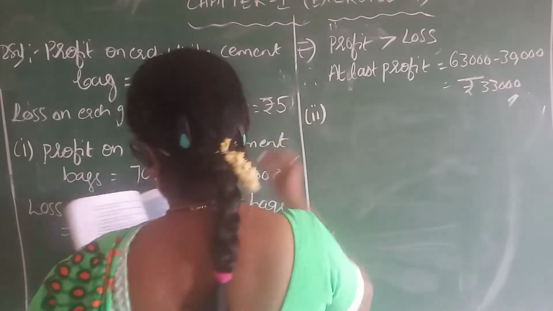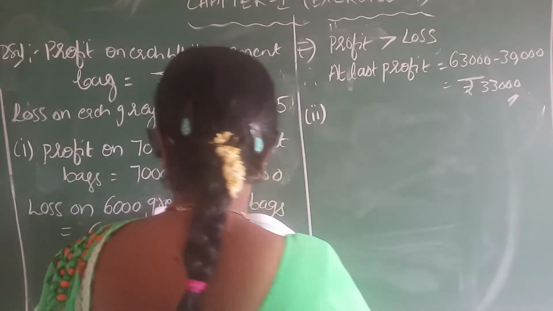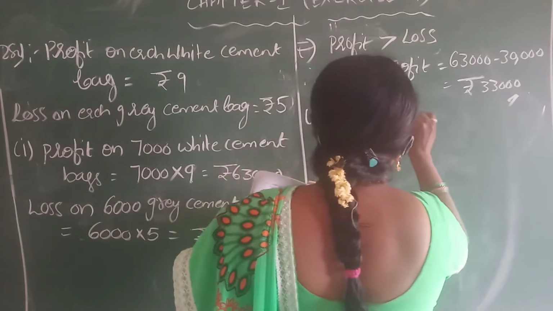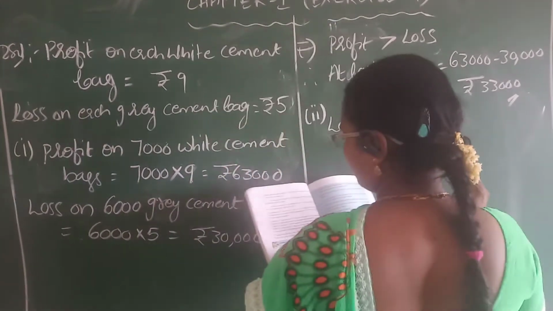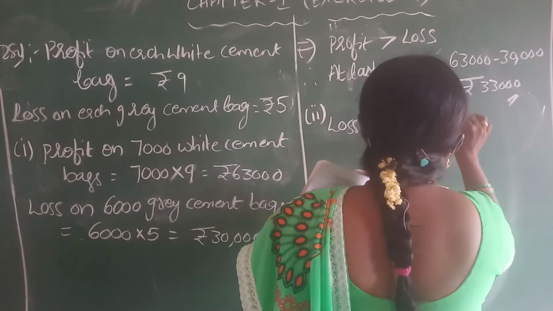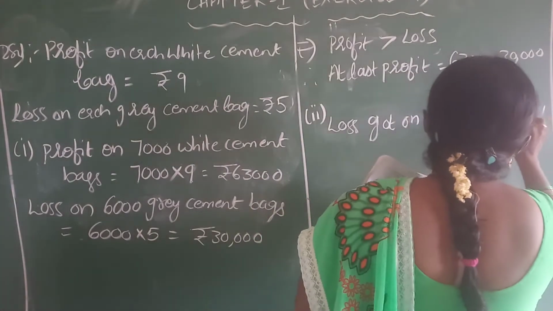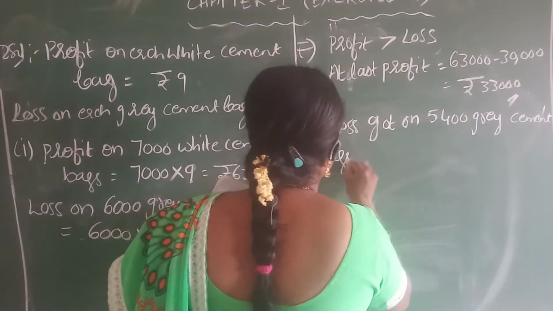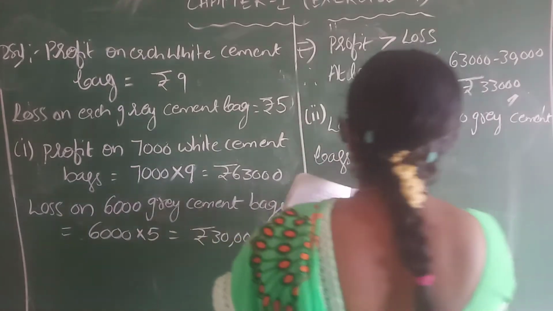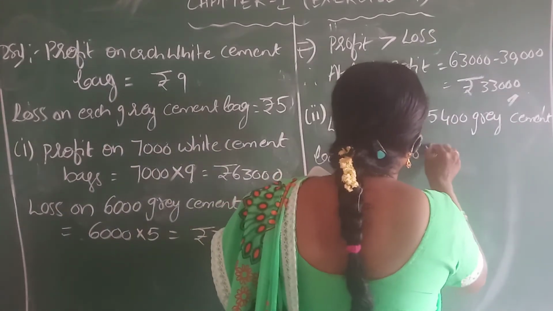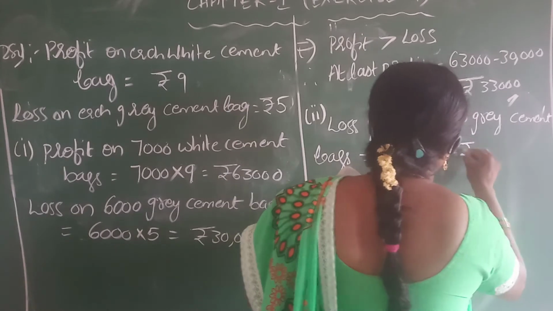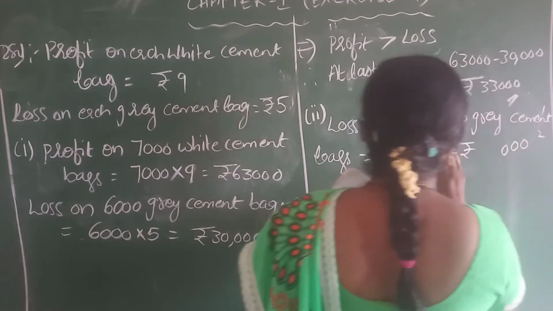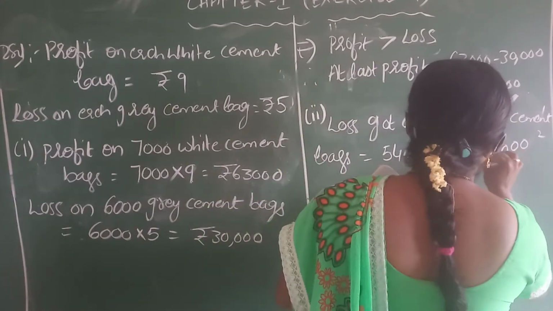For the second one, loss got on 5,400 grey cement bags is equal to 5,400 into 5 is equal to rupees 27,000. 5 zeros are 0, 5 zeros are 0, 5 fours are 20, 5 fives are 25 plus 2, 27,000.